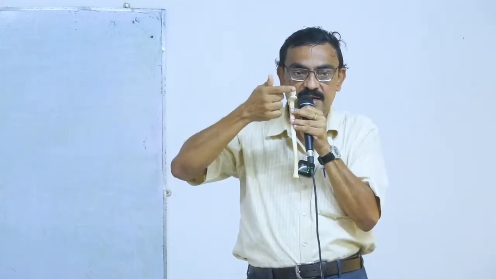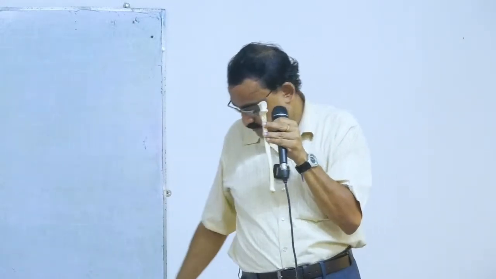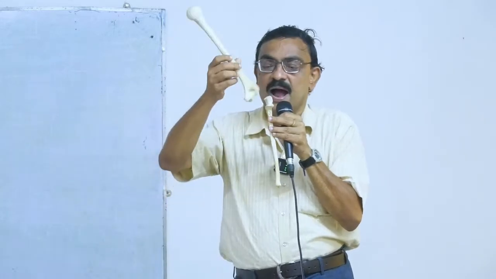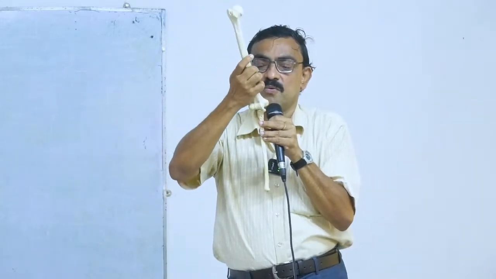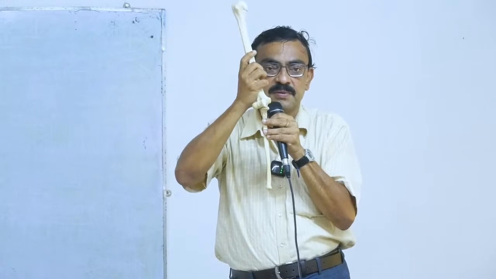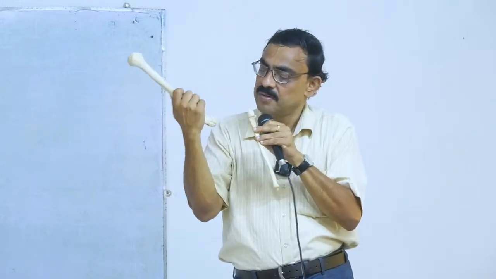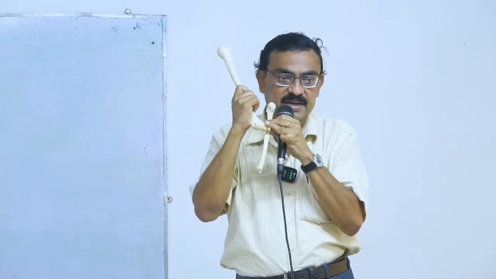So this is the radial notch of the ulna, and the whole surface in front we can see this is articular area, articulates with the, there is a pulley-like structure which is called trochlea.